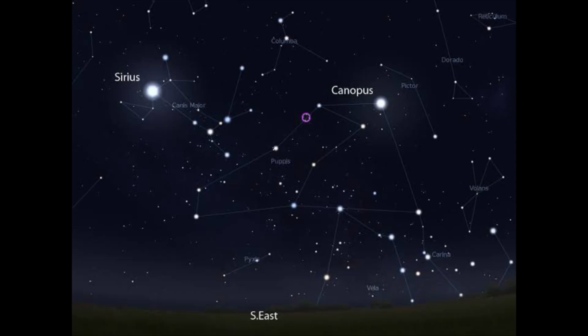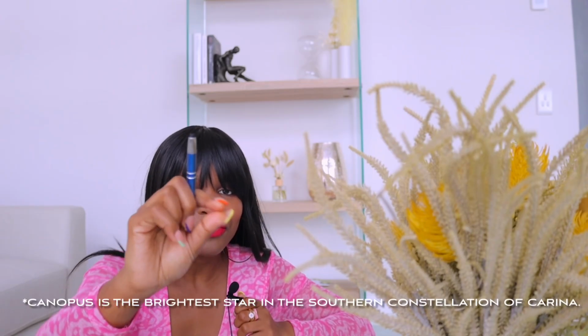Why? It ends in May when a star called the Canopus star, which is the brightest star in the southern hemisphere, becomes visible.